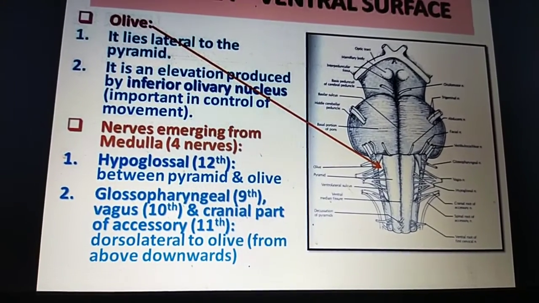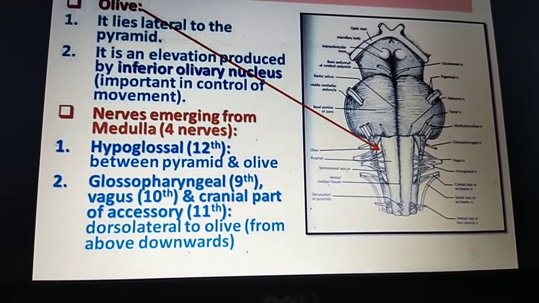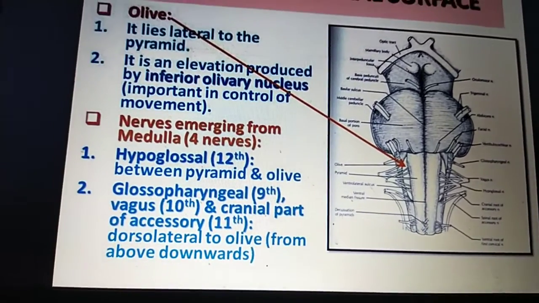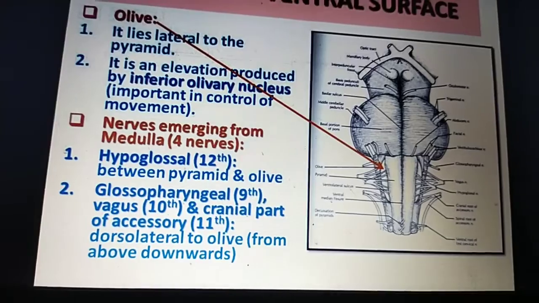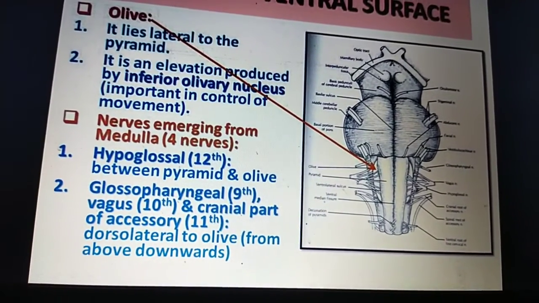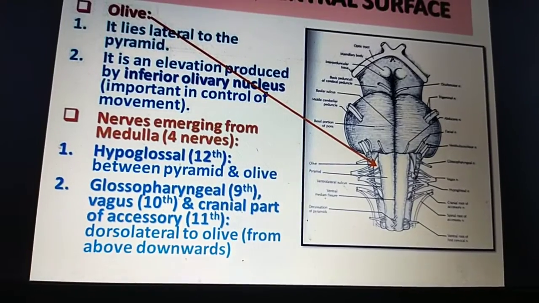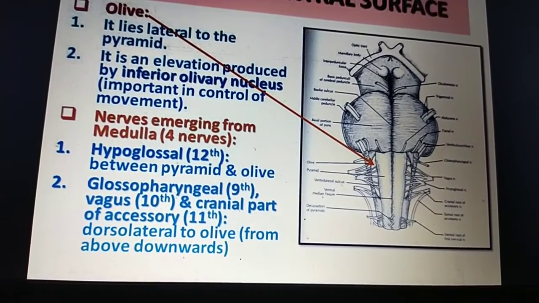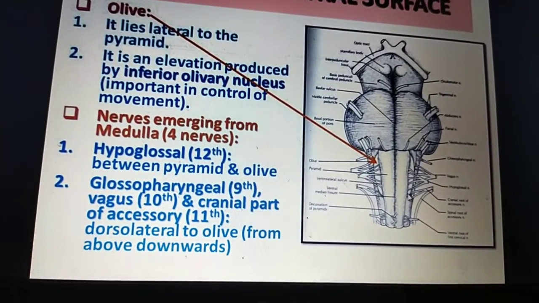The nerves that emerge from the medulla are four nerves: hypoglossal, glossopharyngeal, vagus, and accessory. These are the glossopharyngeal and hypoglossal nerves. You can see here they are present in between the pyramid and the olive, at the lateral sulcus, the ventral surface sulcus.